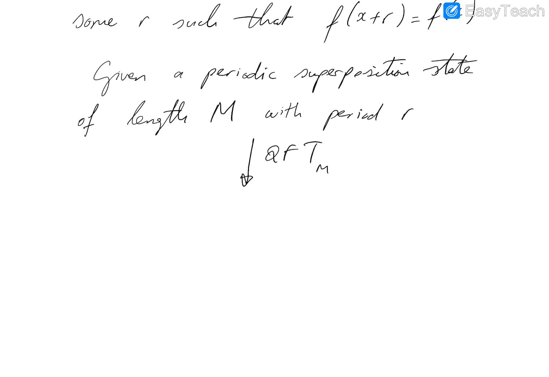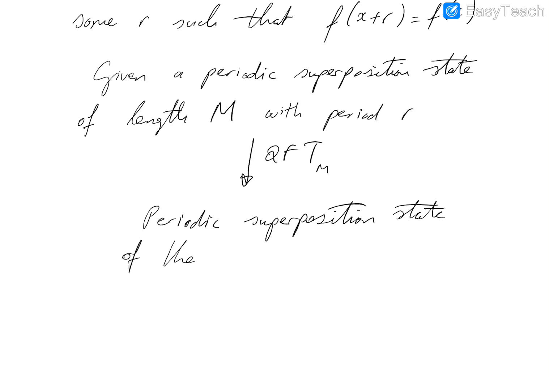So the output state will be another periodic superposition state of the same length with period m over r. So the periods are multiples of m over r.